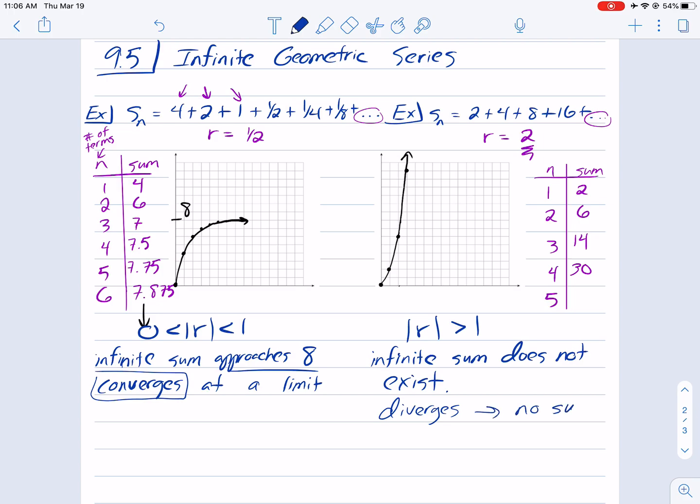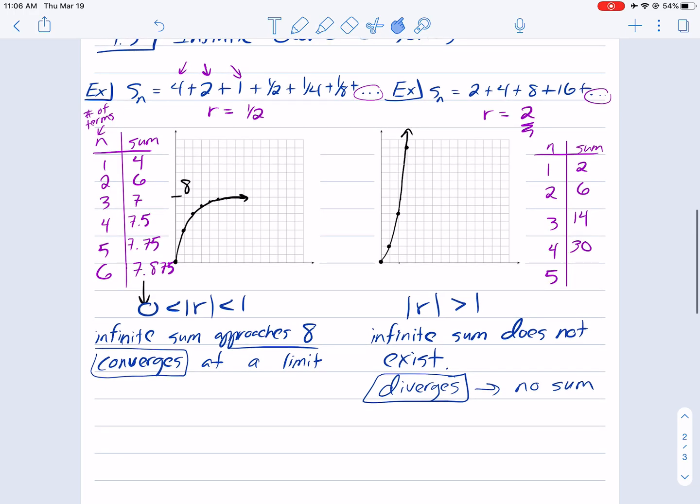There's no sum, so we say it's diverging, this infinite geometric series. I think the first couple examples on the homework give you some infinite geometric series, and they ask you, is this series converging or is it diverging? Well, that all depends on the ratio, if it's greater than 1 or less than 1.